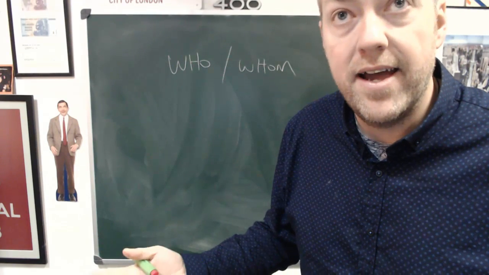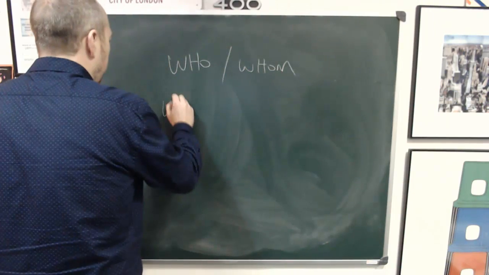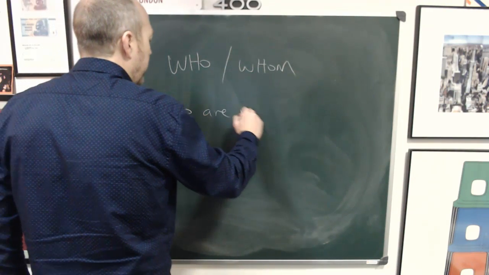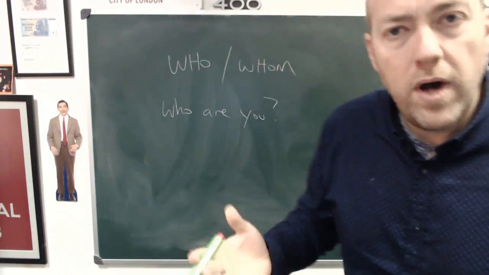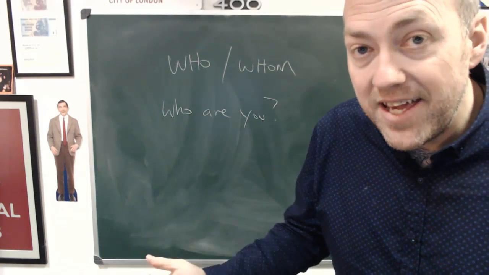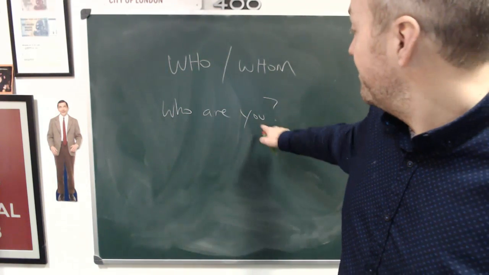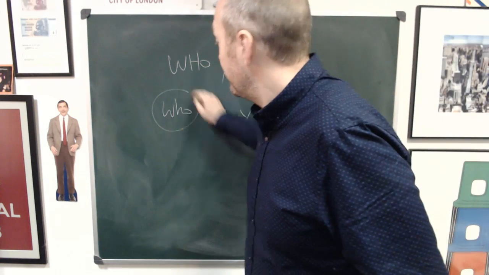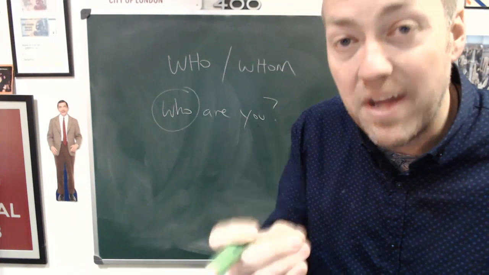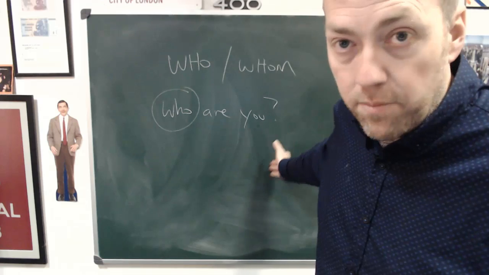To make a question, like, who are you? Okay. And you can see that in this sentence, who is the subject of the sentence. Who are you? You are the object.